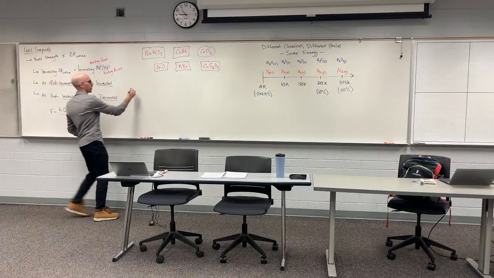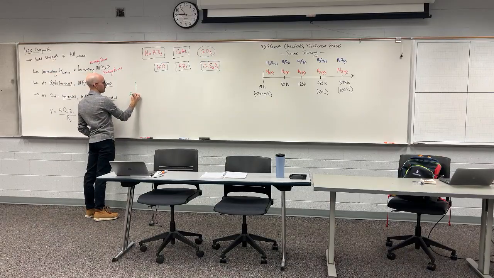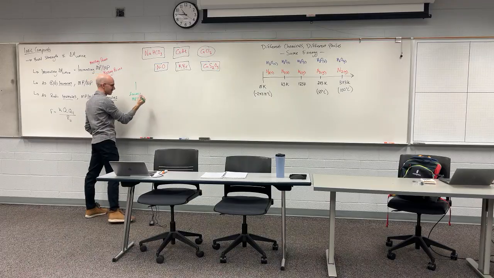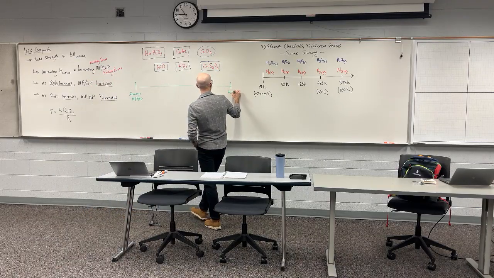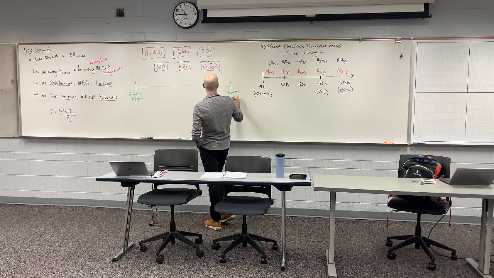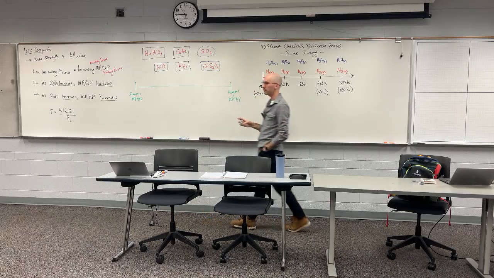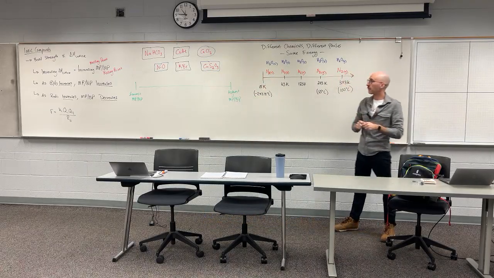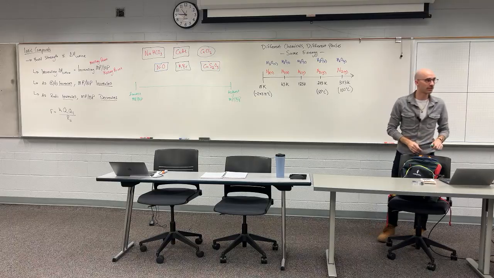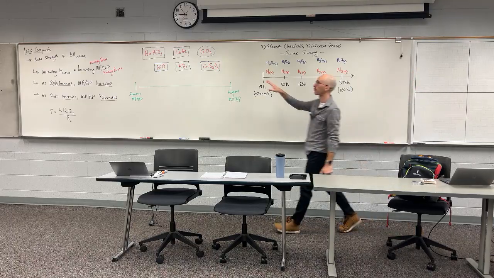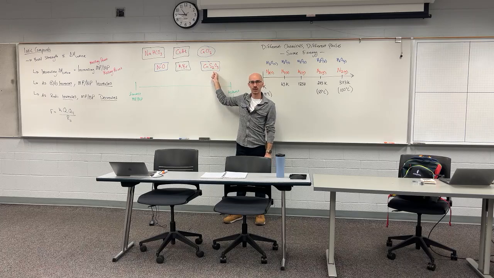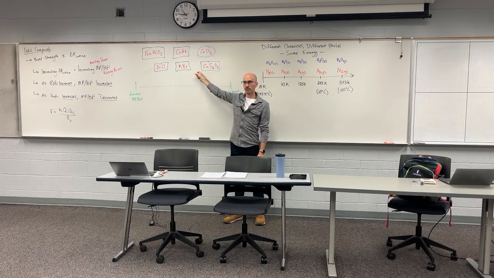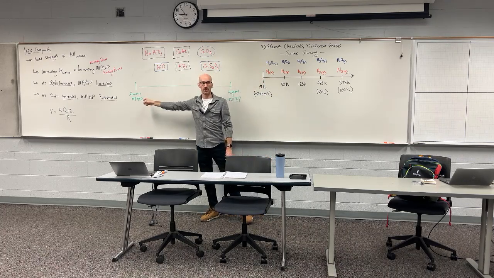Remember, let's go from lowest predicted melting point and boiling point, the easiest to separate, up to the highest predicted melting point and boiling point. Which of these compounds is going to have the lowest boiling point? Those pairs that are +1, -1, or those pairs that are +2, -2? +1, -1 should be on the lower end.